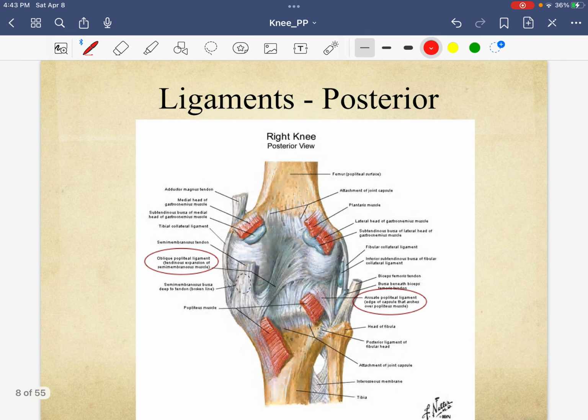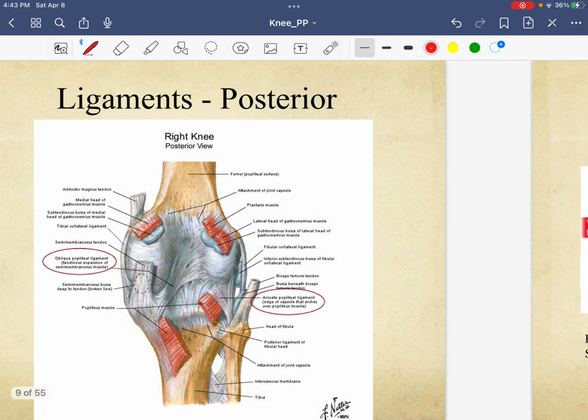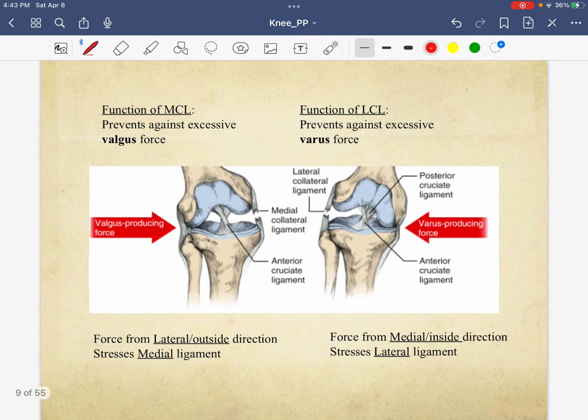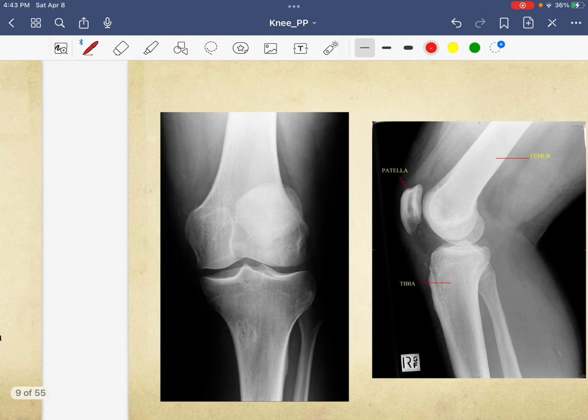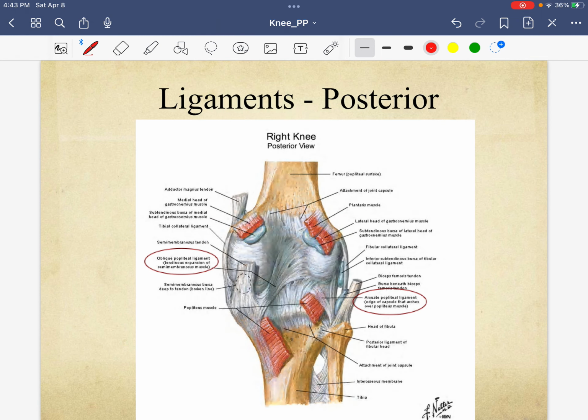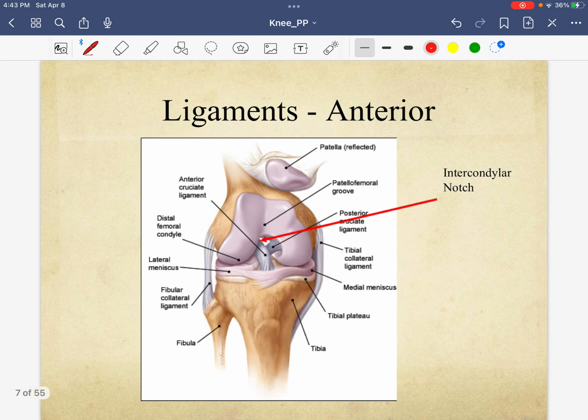And then, of course, on the posterior side, I don't have a great picture. Let's look at it this way. The PCL runs behind the ACL.